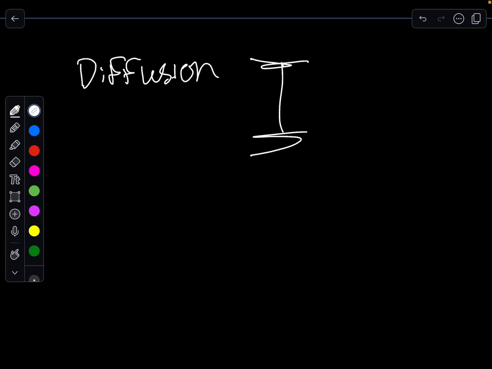Thirdly, we have facilitated versus active transport. Facilitated diffusion uses channels or carrier proteins, but it does not use energy.